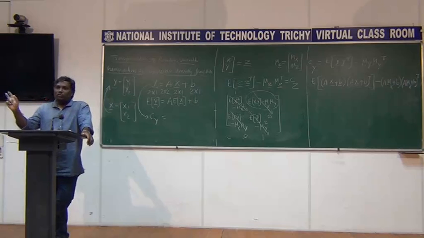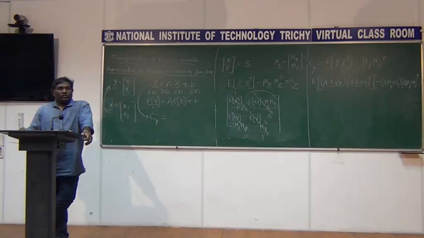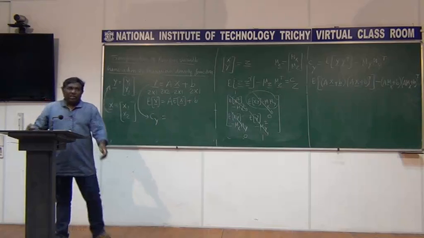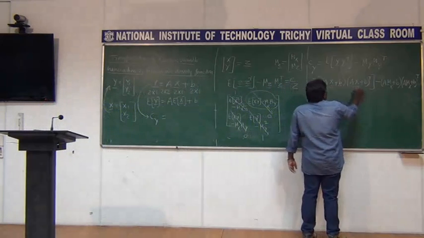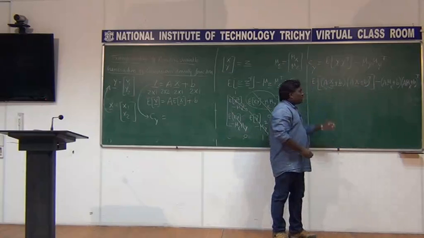I have given all the answers. It is only the algebra you have to do. For instance, if I consider this Ax and this b, what do you get?